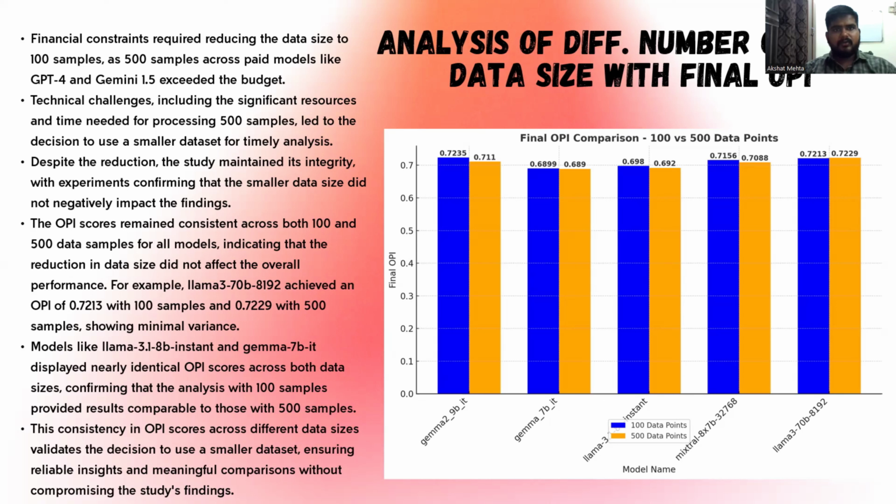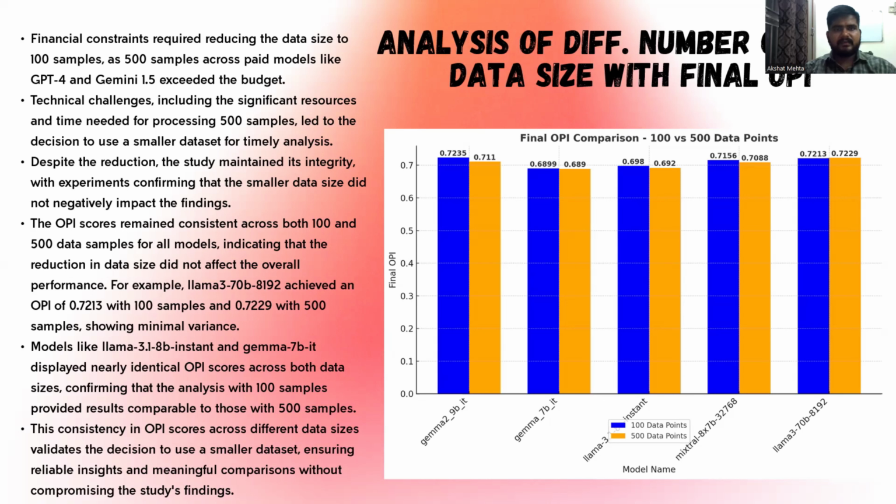It allowed for more efficient analysis while still maintaining the integrity of the study. It also demonstrated that even with fewer samples, the models could generate accurate and comprehensible test cases, making the findings robust and trustworthy. In summary, by reducing the test data size, I was able to complete my research within the constraints while ensuring that the results remain valid and insightful.